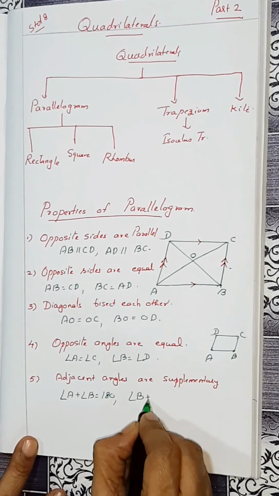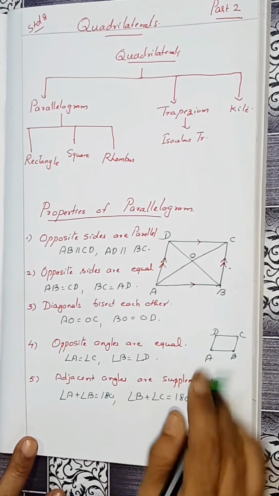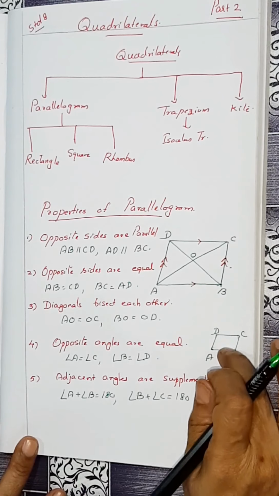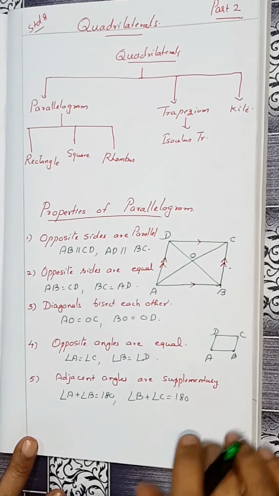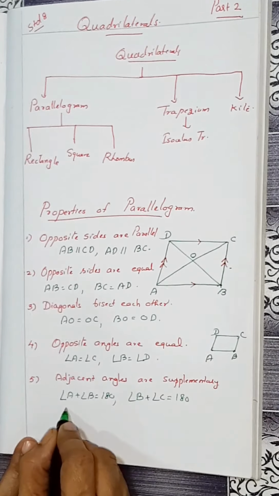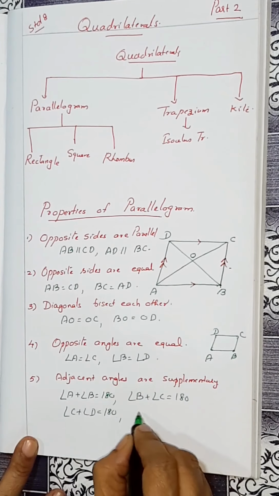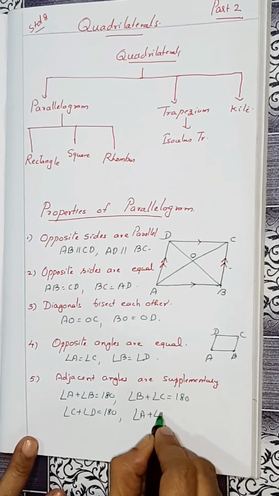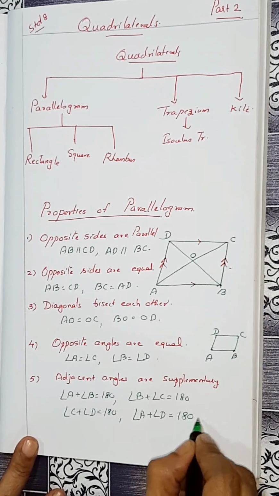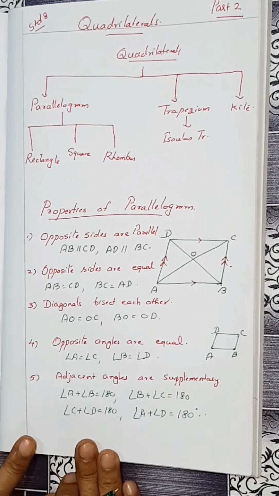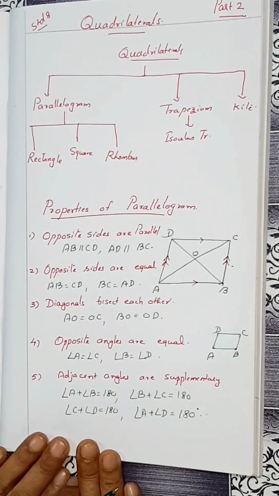Angle B plus angle C is equal to 180 because these two lines are also parallel, so these two are co-interior angles. Similarly, angle C plus angle D is equal to 180 and angle A plus angle D equal to 180 degrees. So these are the basic properties of a parallelogram.